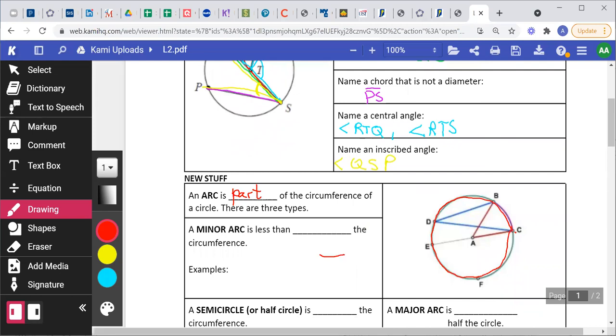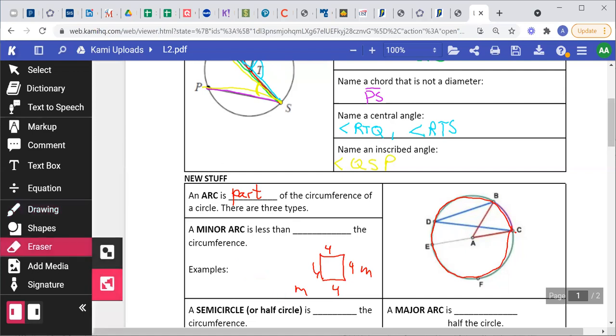In a square, it's called the perimeter. If the square has each side being 4, the perimeter is going to be 4 plus 4 plus 4 plus 4, which is 4 times 4, that's 16. So if this is in meters, the perimeter is going to be 16 meters. But in terms of a circle, we call it circumference, okay?